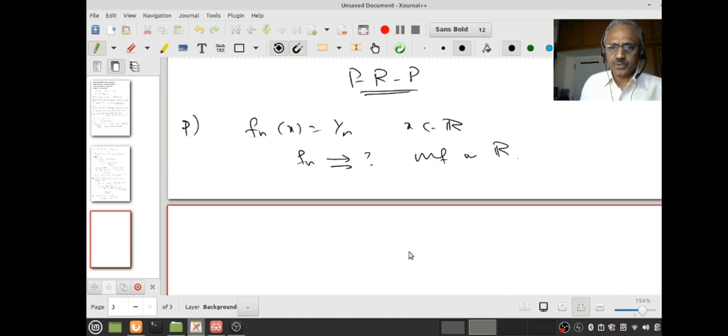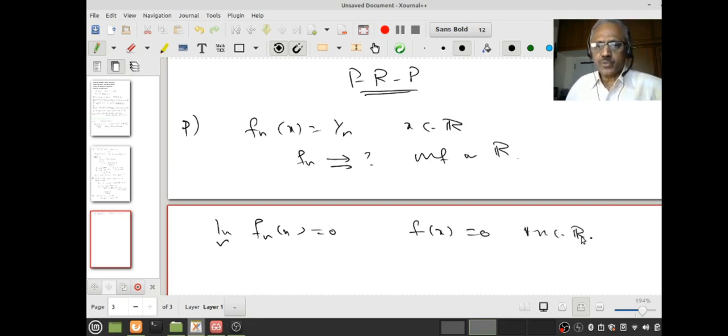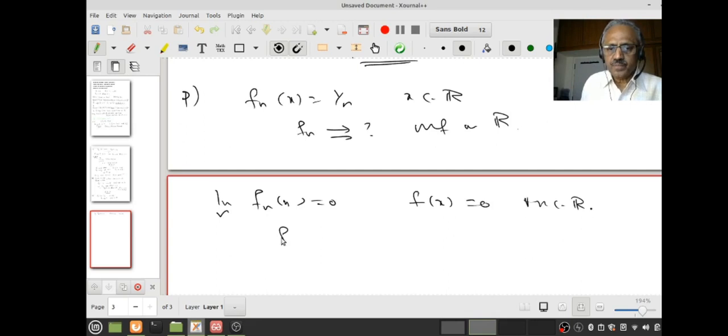If you want to prove this, then it should converge pointwise. What is the limit of fn of x? It is 0. Therefore I define f of x to be 0 for all x in R. Then I have to show fn converges to 0 uniformly on X.